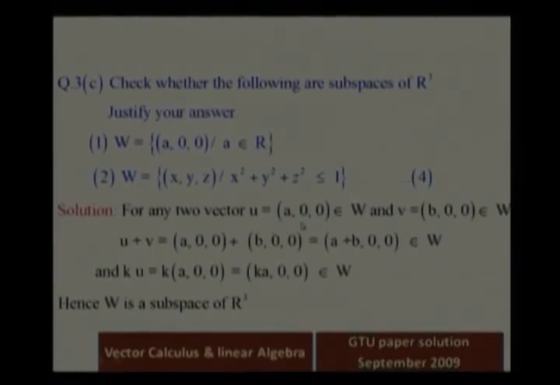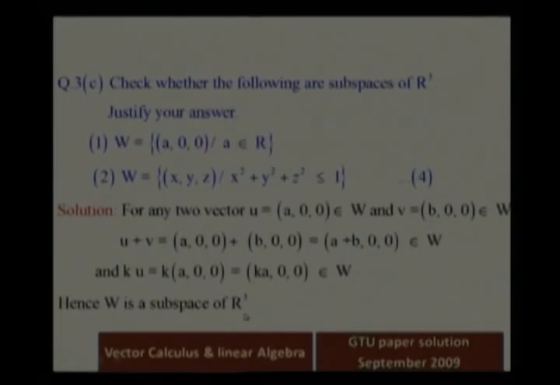So for any two vectors u equal to (a, 0, 0) and v equal to (b, 0, 0) belonging to W, u plus v is equal to (a, 0, 0) plus (b, 0, 0), equal to (a plus b, 0, 0), and k into u is equal to k into (a, 0, 0), equal to (ka, 0, 0), which belongs to W. So W is a subspace of R3.